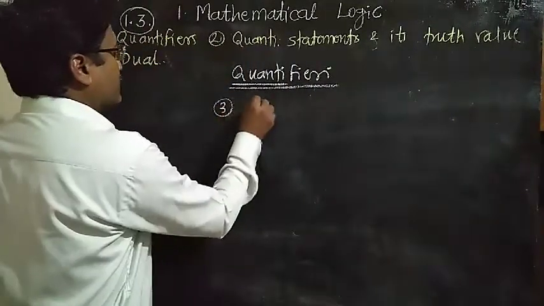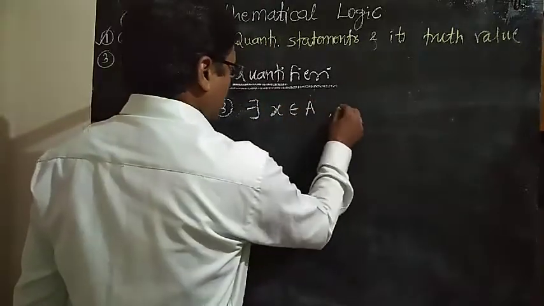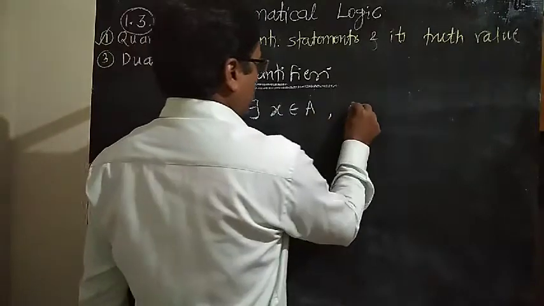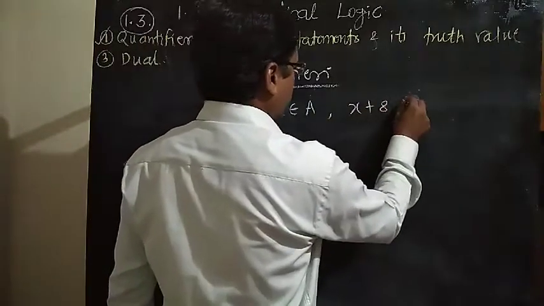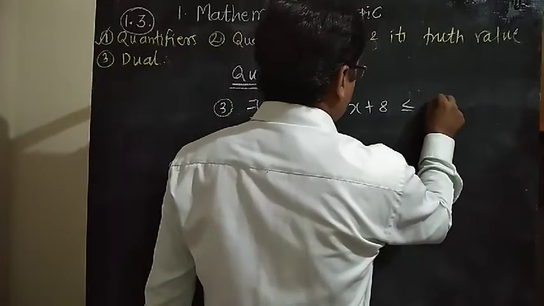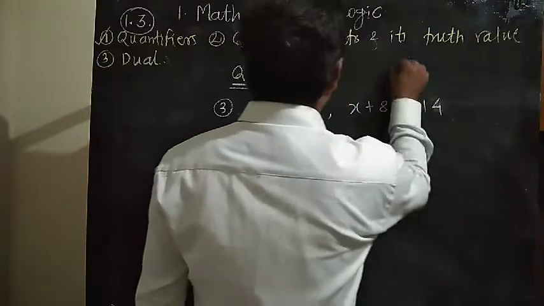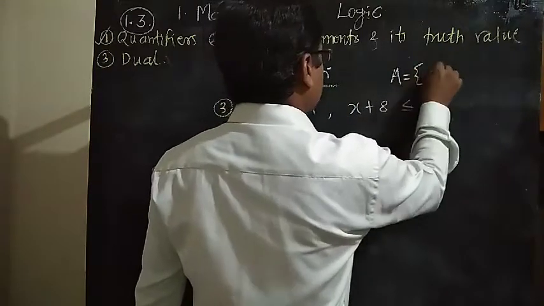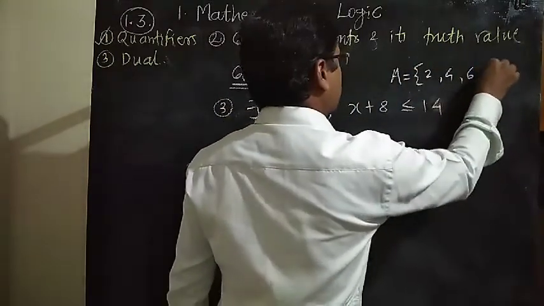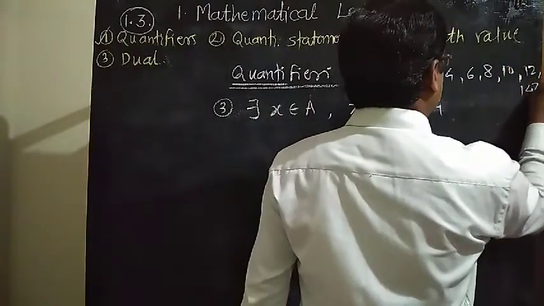Example number 3. There exists x belongs to A such that x plus 8 is less than or equal to 14, where A is the set of numbers 2, 4, 6, 8, 10, 12, 14.